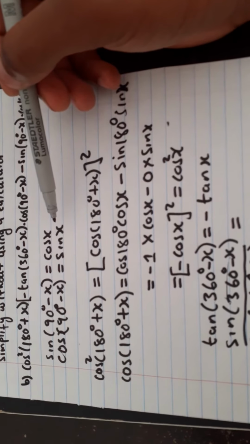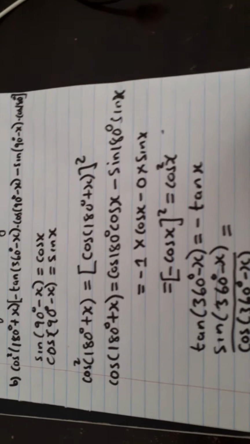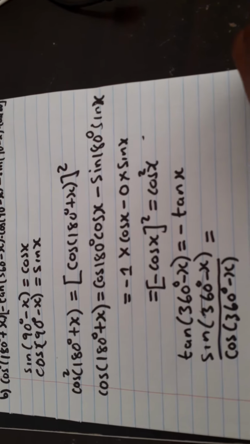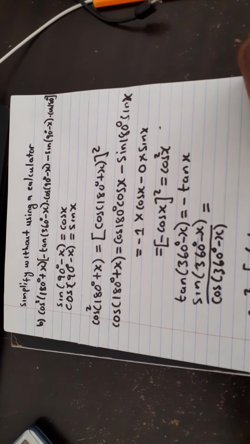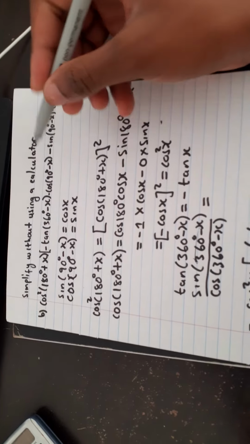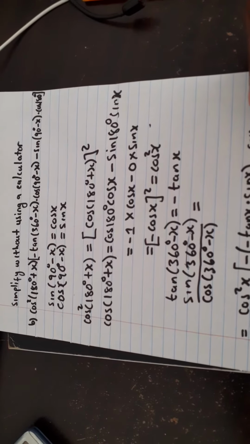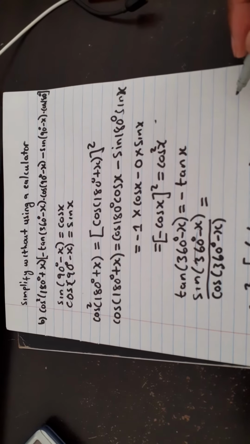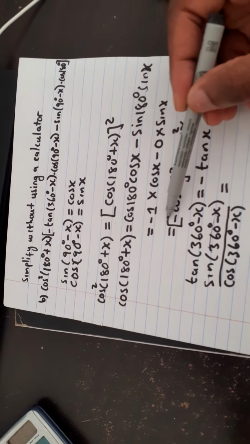We're using those co-function identities. So lewa sin x. Then itabana minus lewa again iringana na lewa, which is just cos x. Then I again lanu I take cos 180 is equals to -1.